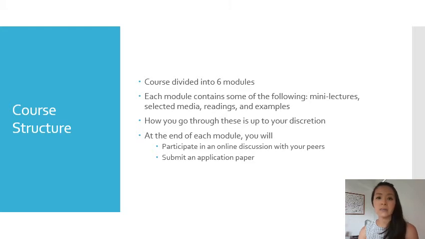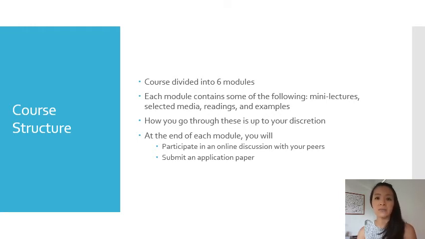Each of these claims will be separated into its own module for a total of 6 modules. Within each of these modules, you'll receive mini lectures from me, which will describe some of the research that has been done to support the claim, media such as podcasts or videos, readings which will either be textbook chapters or primary source articles, or other examples. You can think about these materials as supporting evidence for the claim being made.